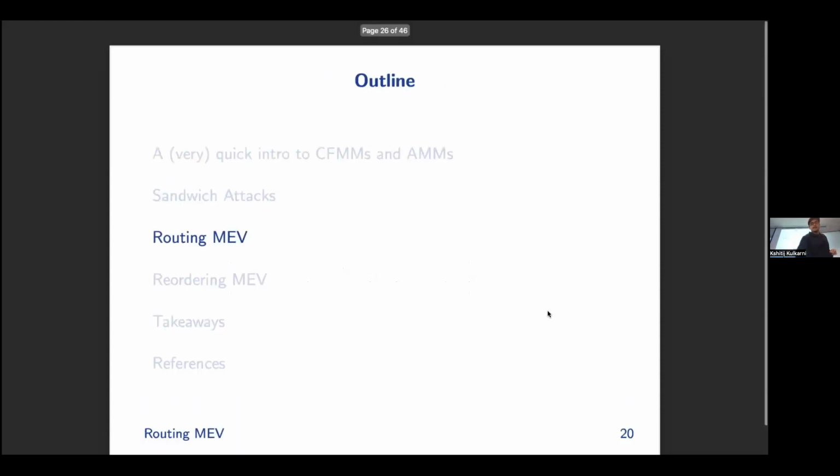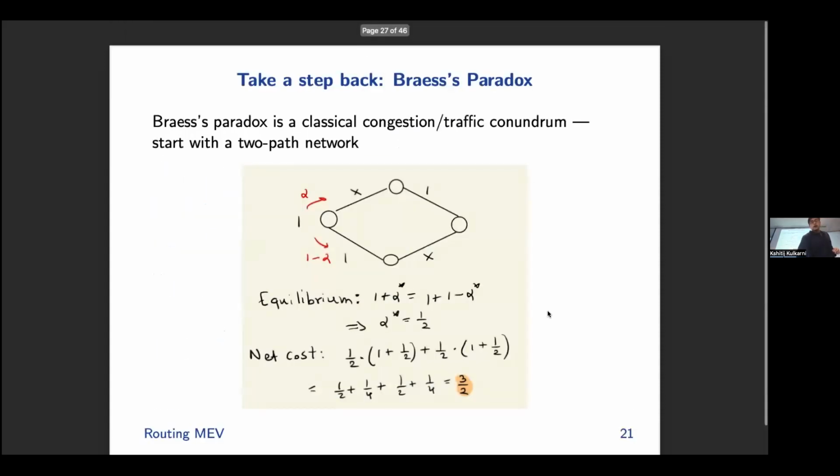So the setting for routing MEV is just that the user submits a single transaction, or maybe an aggregate transaction, that wants to route. So this is a network in which you're routing from this source asset to this destination asset. Maybe this is Ethereum and this is USDC or something.